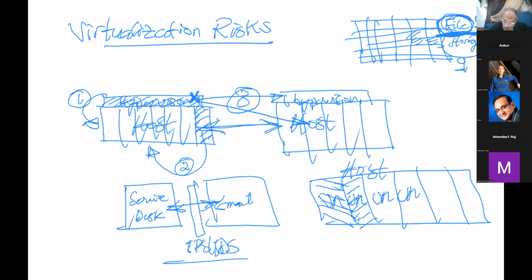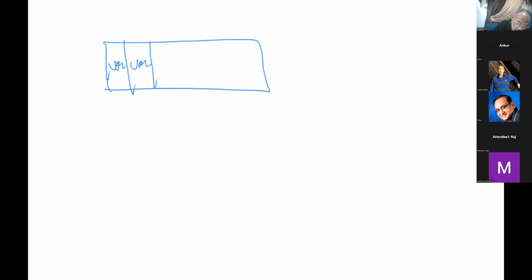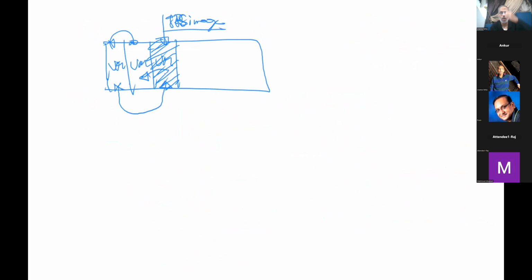Now, if I have a host and some VMs, and the data moves from one to two, then I can rent one VM and put the IPS image here, and I will instruct the VM to send the data not directly to the other VM, but first to the IPS, and the IPS will send it to the other VM.